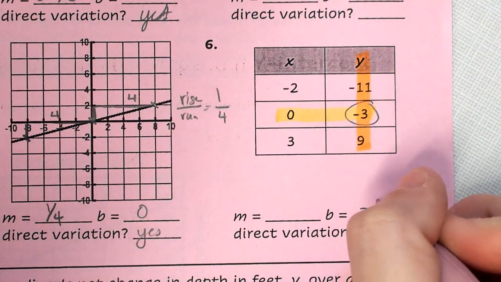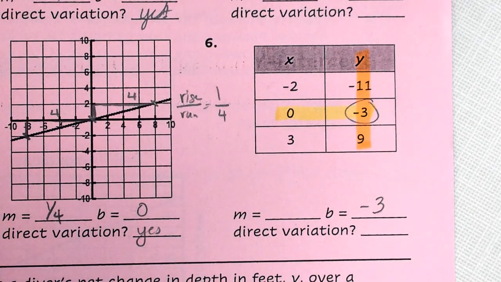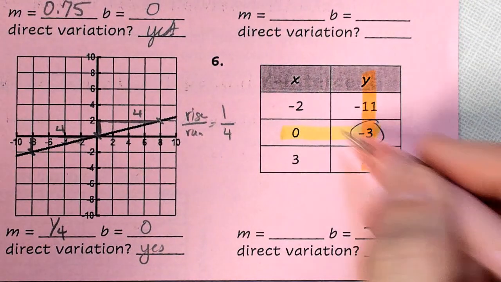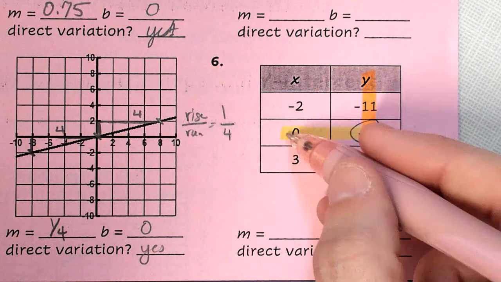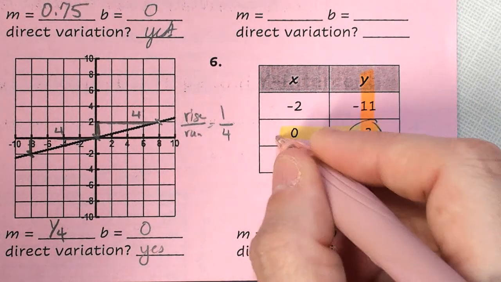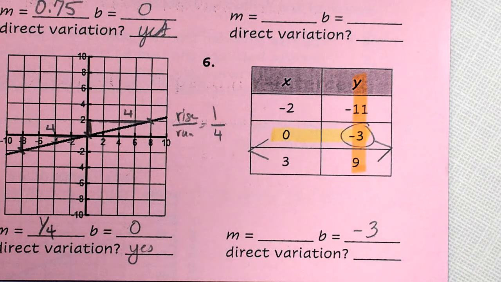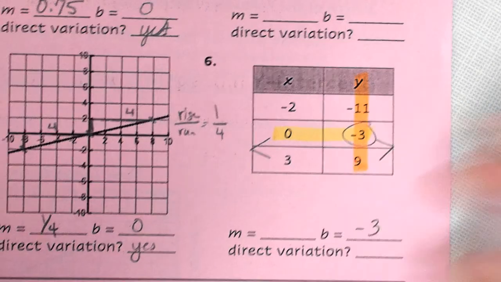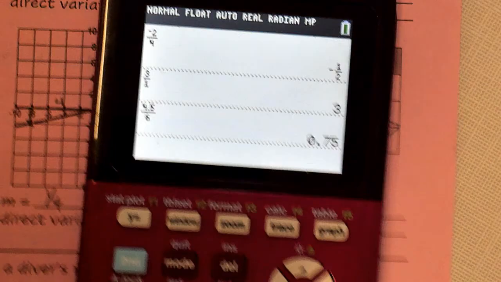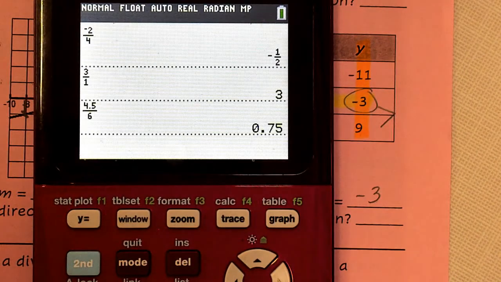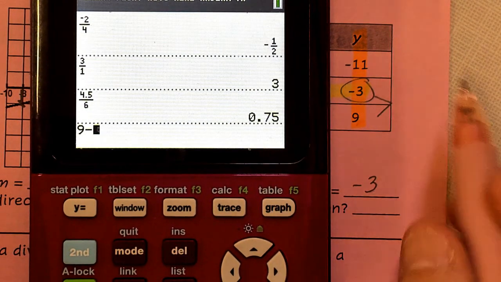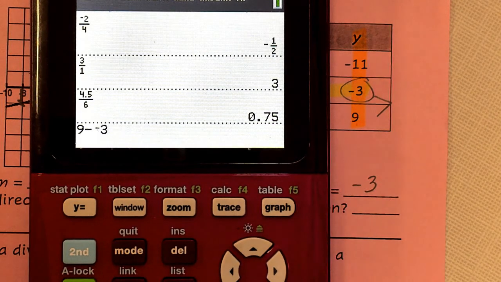There's B, -3. Okay? Now, when I'm looking for my slope, I don't like these negatives, so I'm going to use these 2 points. To get from -3 to 9, now let's say I'm not sure, I can take the bottom number minus the top number. So the bottom number is 9, so I do 9 minus, the top number is -3.